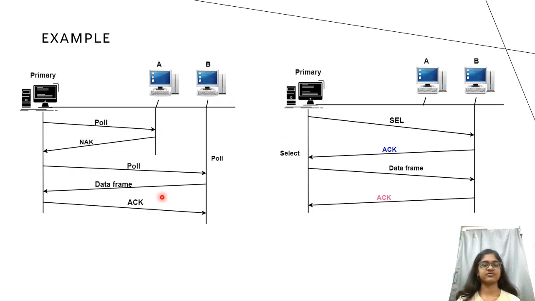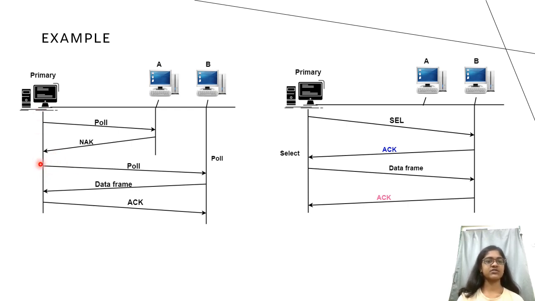So here is a visual representation of how the poll and select functions work. Here the black PC is considered the primary node and all the other PCs are secondary devices. In this case, the poll function is being sent. First, the primary device sends a poll to the first PC and it says it doesn't have any data to send, so a negative acknowledgement is sent.